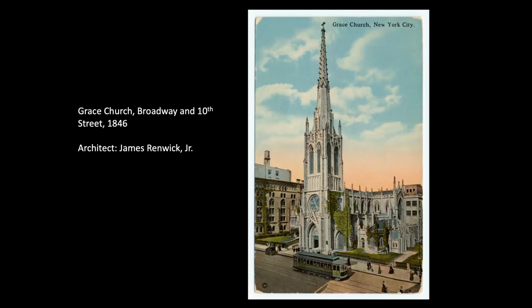And both of them heavily influenced by Augustus Pugin and his writings and his designs. Grace Church is not built in brownstone, it's in marble, but very similar in plan and in style. Renwick then goes on to an illustrious career as one of the greatest American architects of the 19th century.